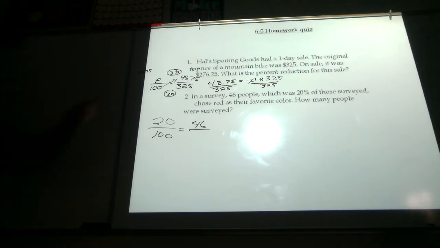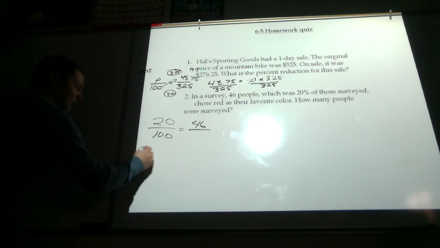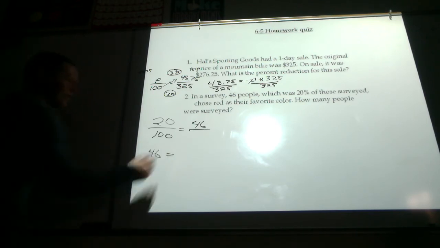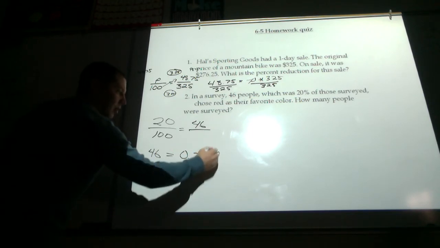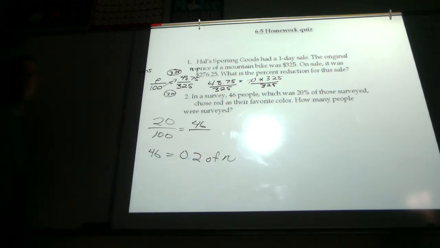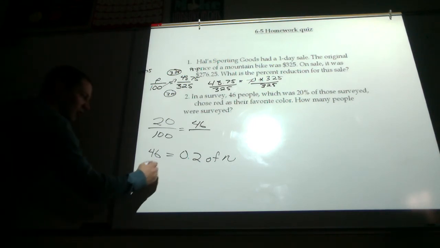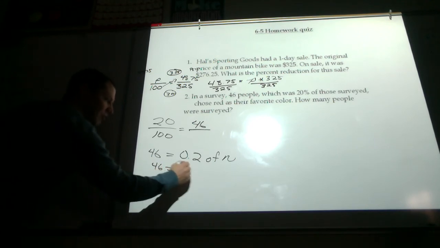If you like doing the other way, which I did over here, which involves the algebra, this problem just says 46 people is 20% of a number, of the total. So if we look at this, it just looks like this. 46 is 0.2 n.